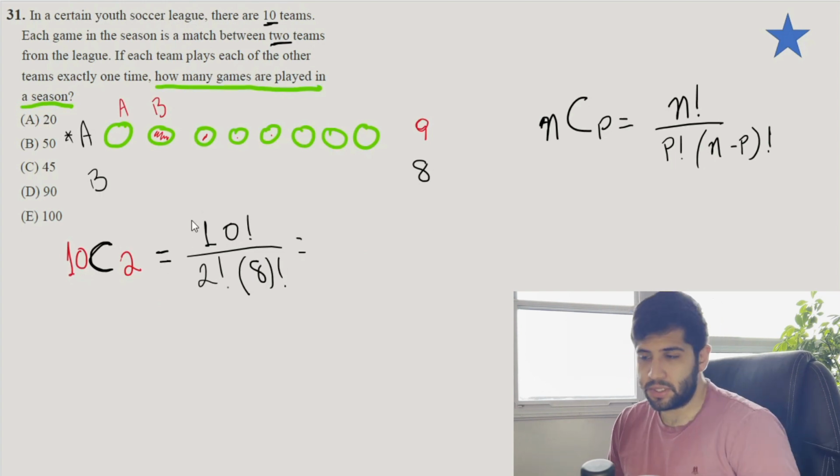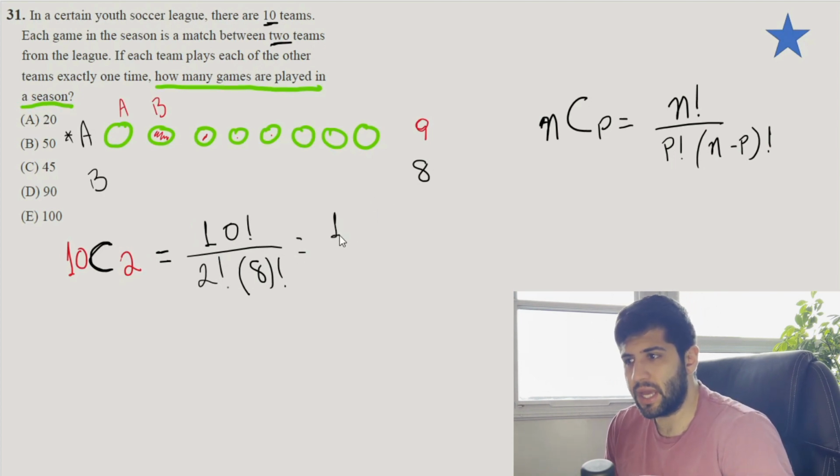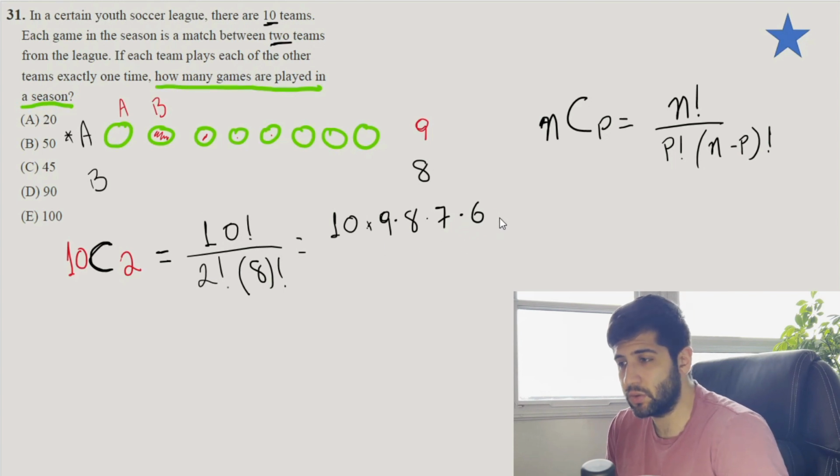Now we just need to remember what factorial means. The factorial of 10 is 10 times 9 times 8 times 7 times 6, and so on until 1.